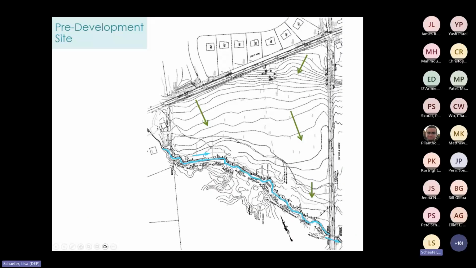So this is the topographic view with the stream, the wetlands delineation, and the 150-foot wetlands and 150-foot riparian buffers shown as various dashed lines. The green arrows denote the general direction in which runoff flows over the land surface.